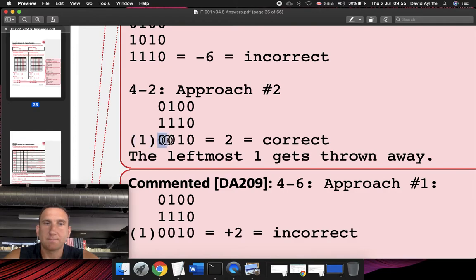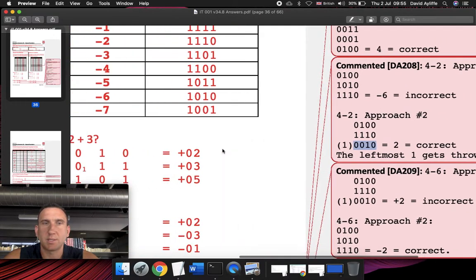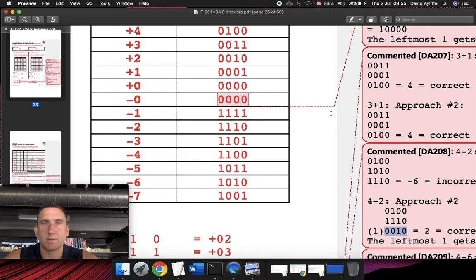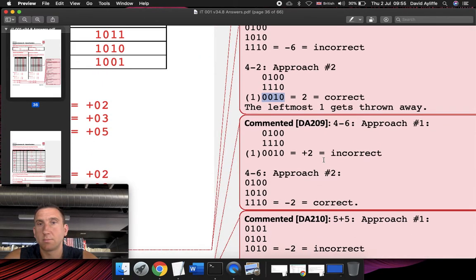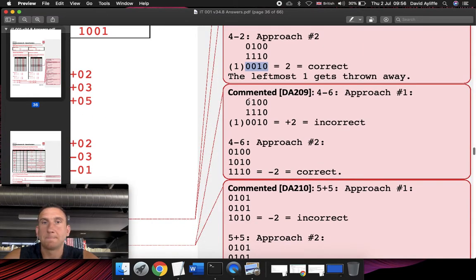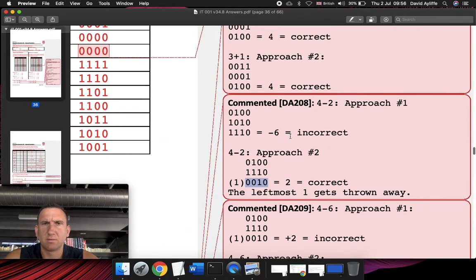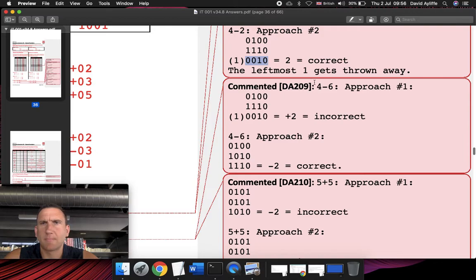So the answer is 0, 0, 1, 0, which is plus 2. Were we here? 4 minus 6. We've jumped about a little bit.